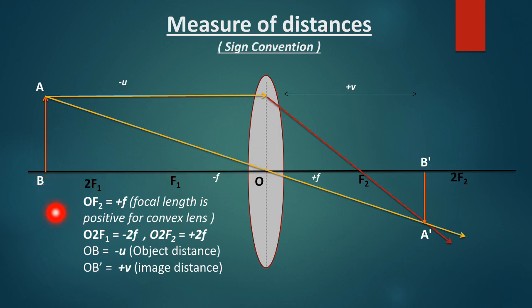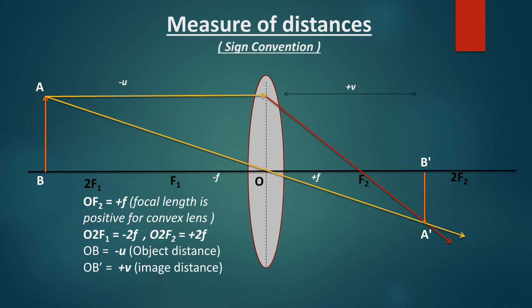So OB, you can see, OB is minus U. Remember that object distance we will always take with a minus sign. U is the object distance, but we have to mention the minus sign because the object is at the left side.